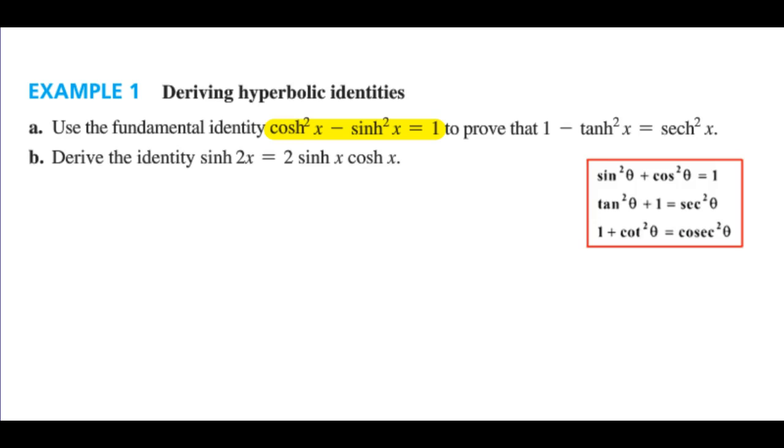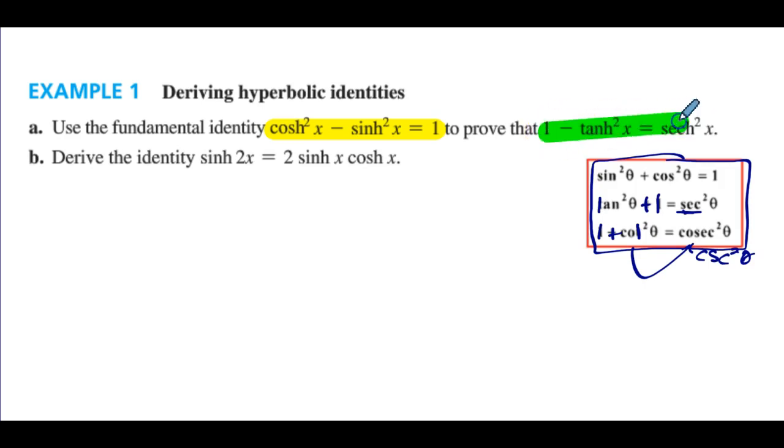Here are some trig formulas that you should recall: 1 plus tangent squared is secant squared, and 1 plus cotangent squared is cosecant squared. So they say, given the yellow, prove this green.